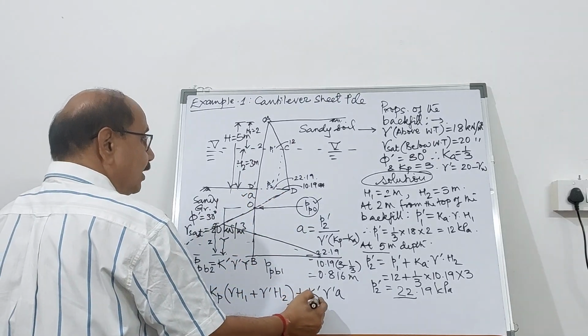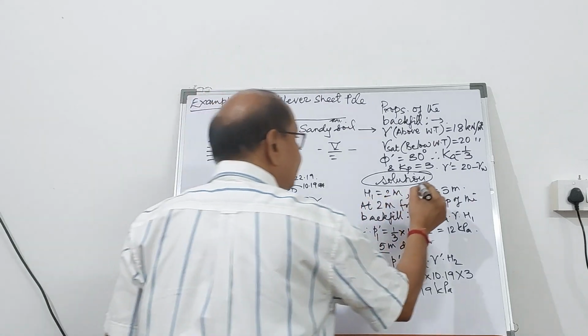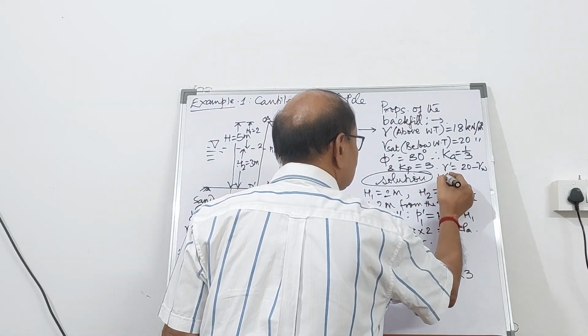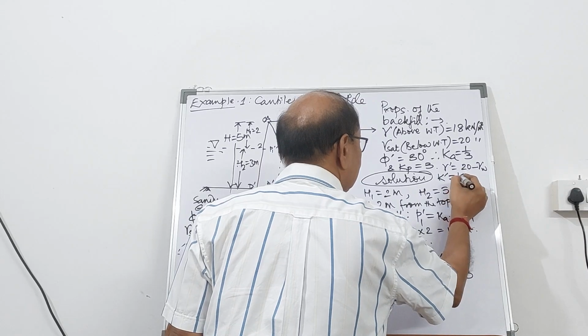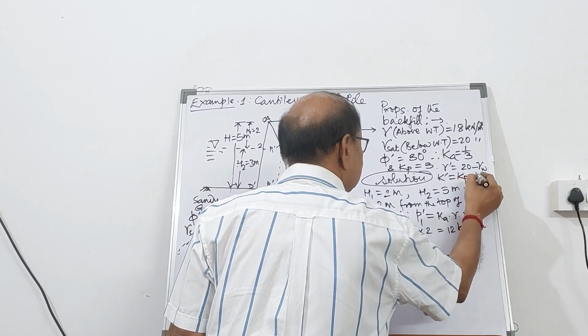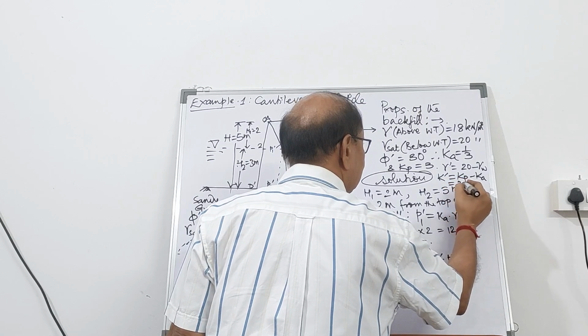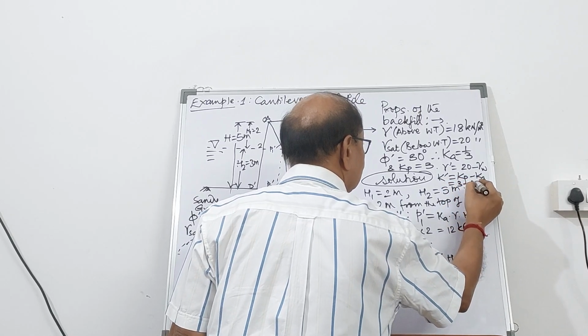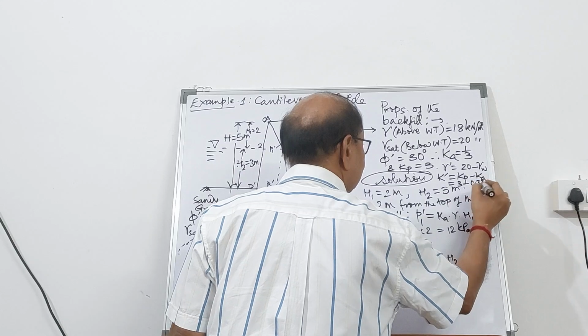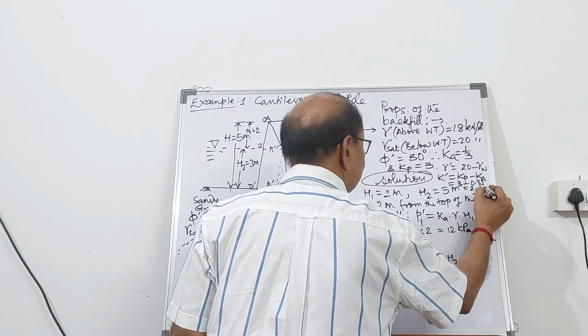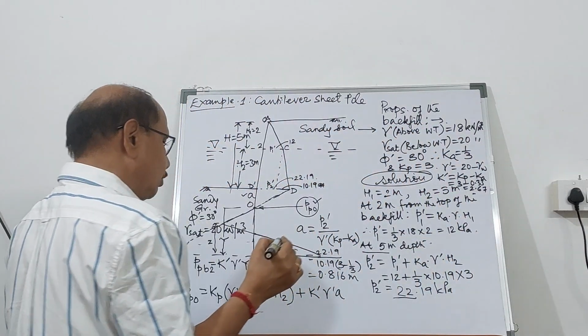K prime is Kp minus K, and Kp is 3 and K is 0.33.